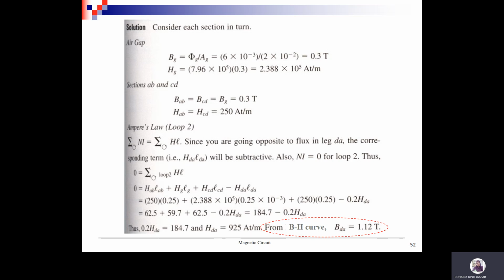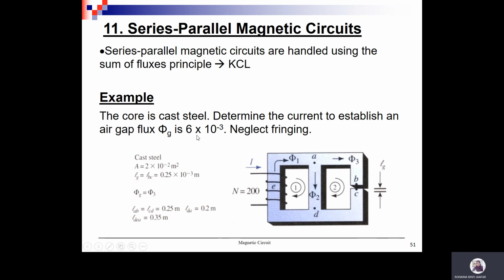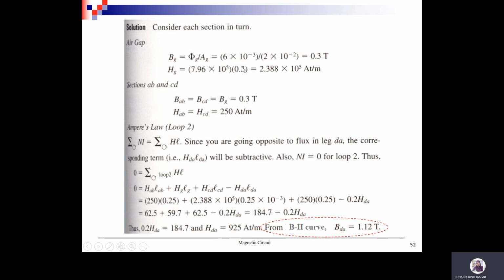Okay, in this one I only discuss the steps. At the air gap section, you have Bg equals flux g over A. The flux g is already given as 6 times 10 to the minus 3. Divide by the area of your air gap, and you will get 0.3 Tesla.